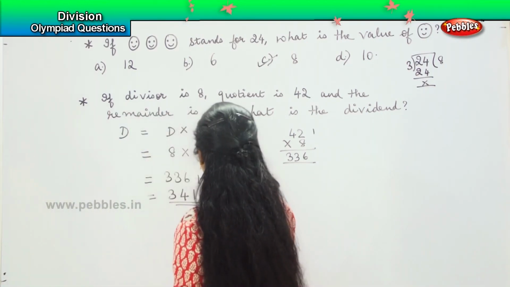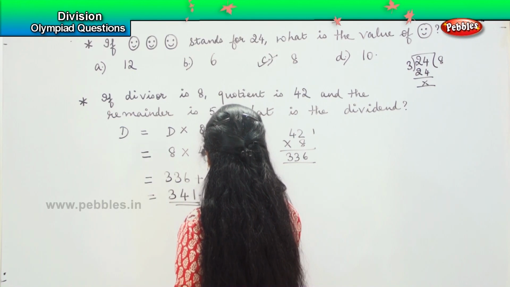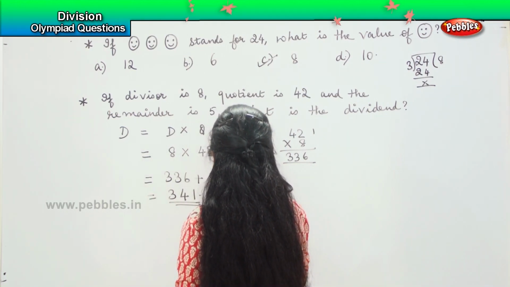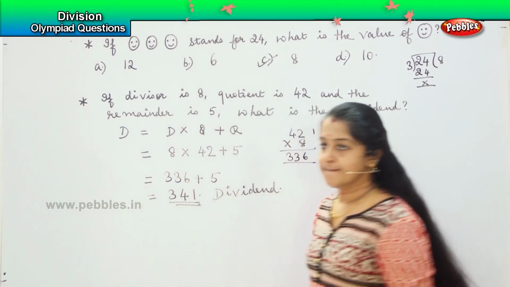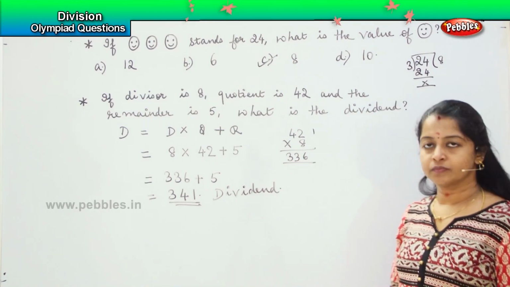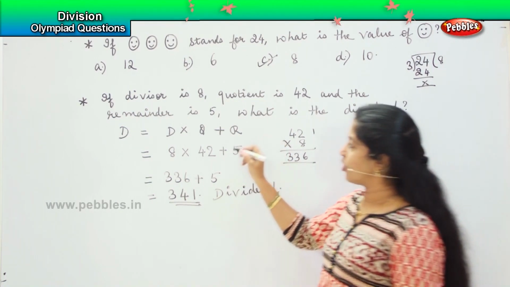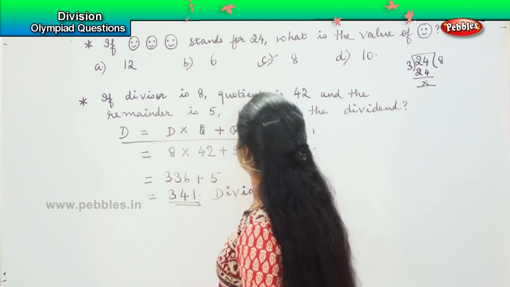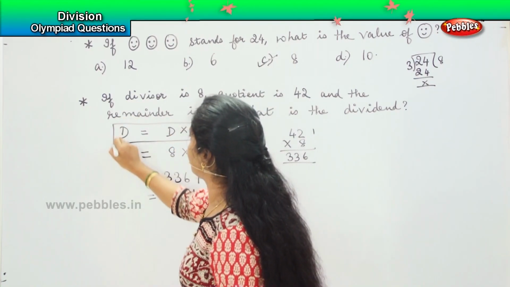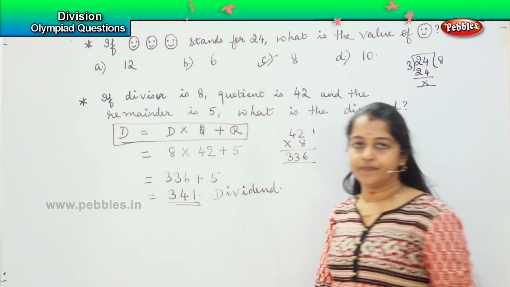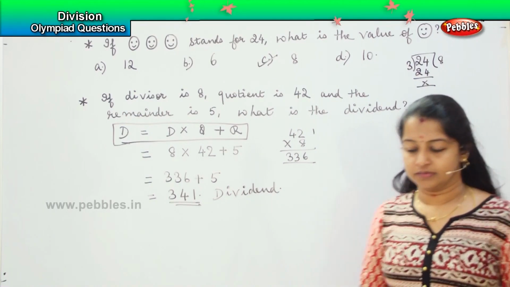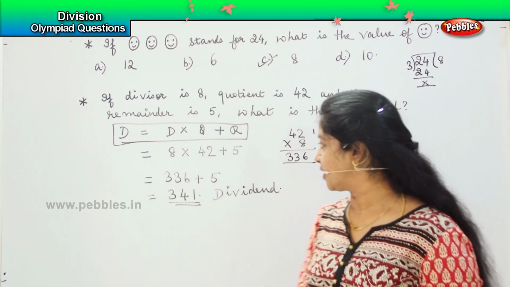So this is my dividend. Clear? Understood? It is just the formula which we have learned earlier. We just have to apply the formula and get the answer. Clear? So coming to the next question.